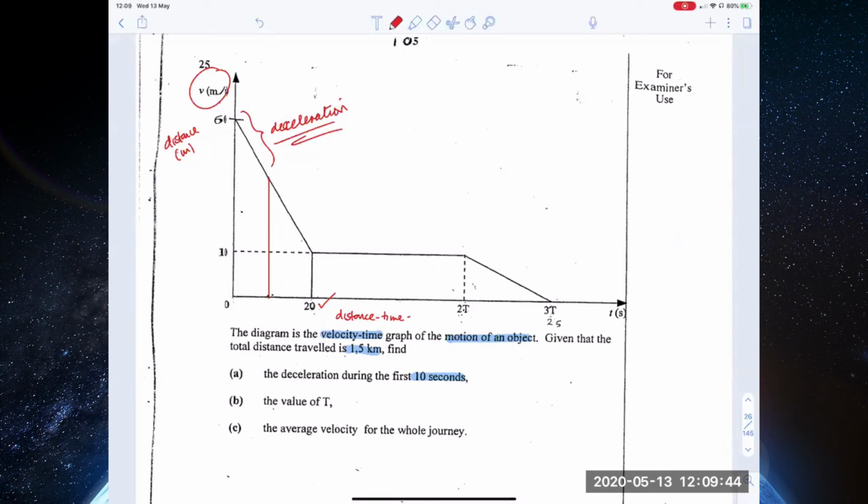So if they say that the total distance is 1.5 kilometers, how does that help you?